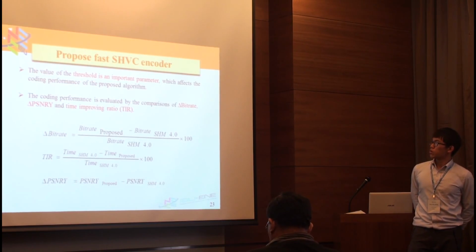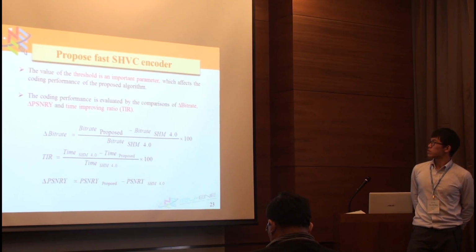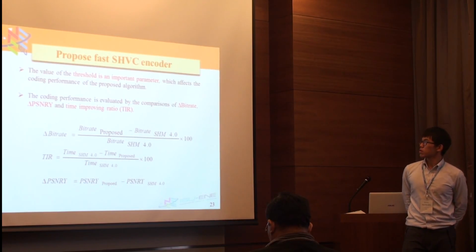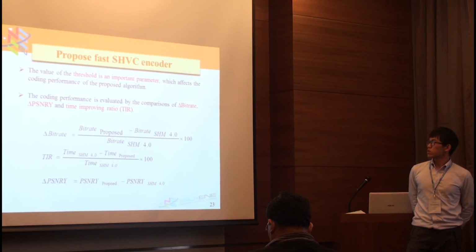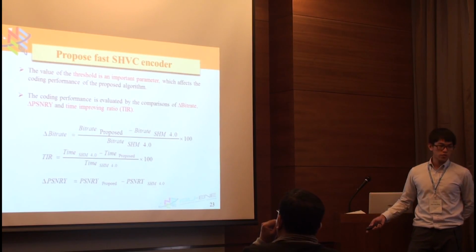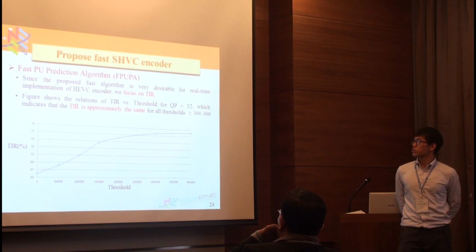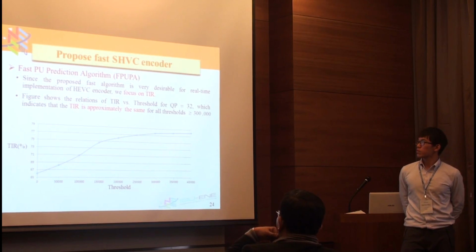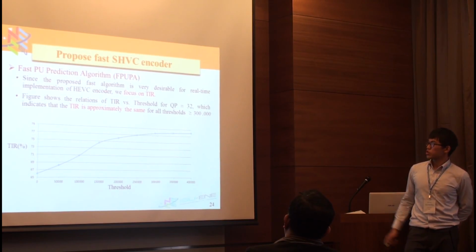The value of the threshold is an important parameter which affects the coding performance of the proposed algorithm. The coding performance is evaluated by the comparison of delta PSNR-Y and the TIR, as follows. Since the proposed algorithm is very desirable for real-time implementation of an HEVC encoder, we focus on the TIR.